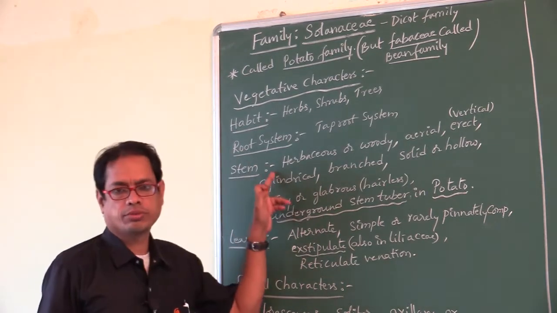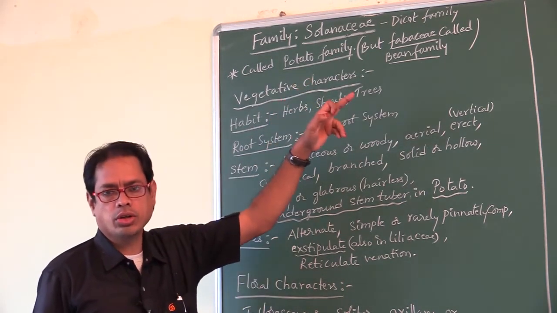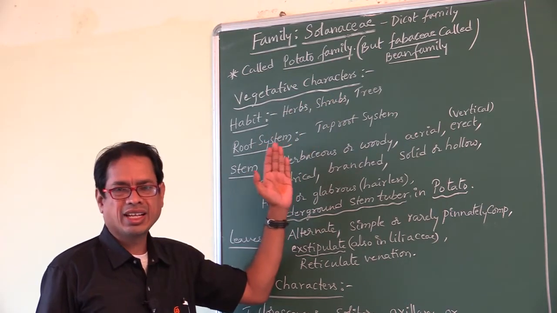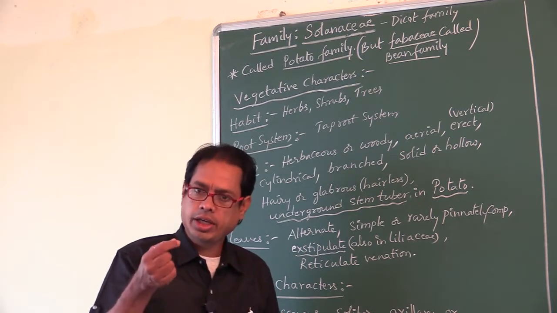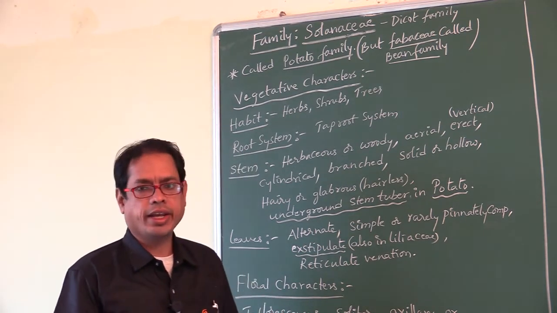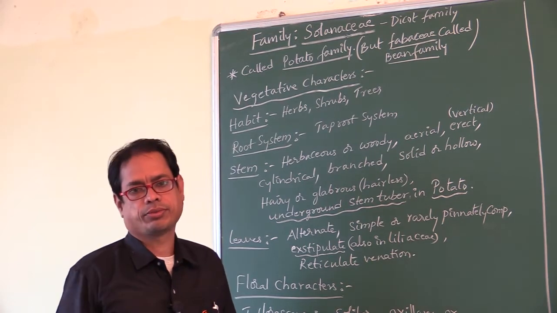Next, root system. Solanaceae belongs to dicots, so the root system is a tap root system, whereas Fabaceae is also a dicot family with a tap root system.